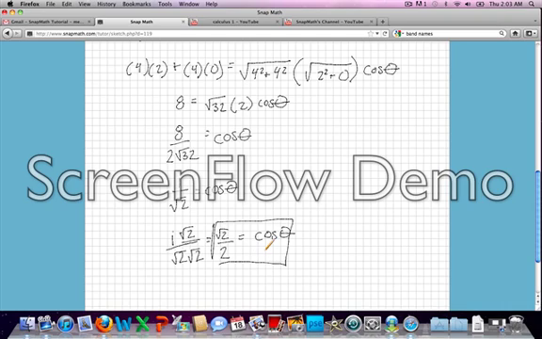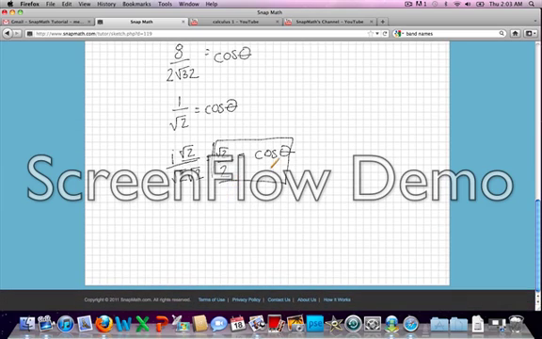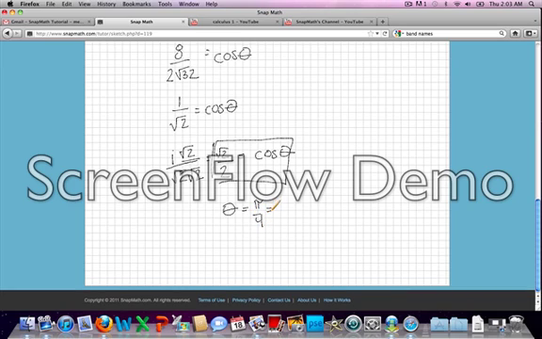In this case, I'm in luck. If cosine theta is equal to root 2 over 2, I actually recognize that this is one of the 3 basic angles I learned in trig class. And I know here that theta is equal to pi over 4 or 45 degrees. And that will be your final answer.